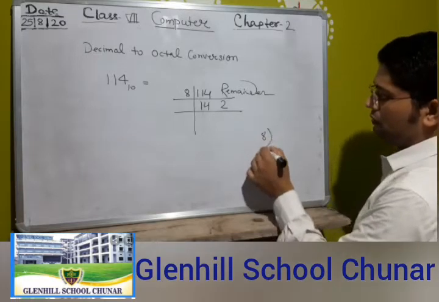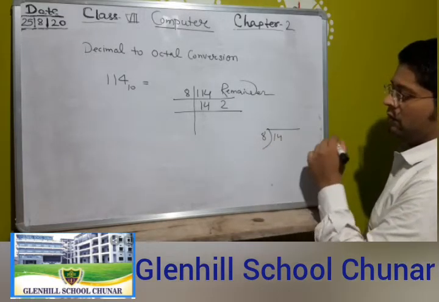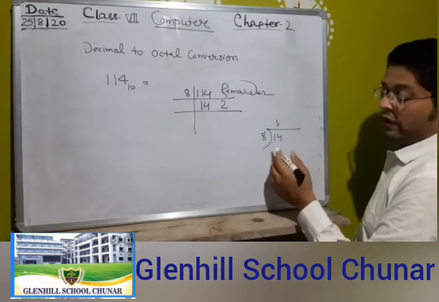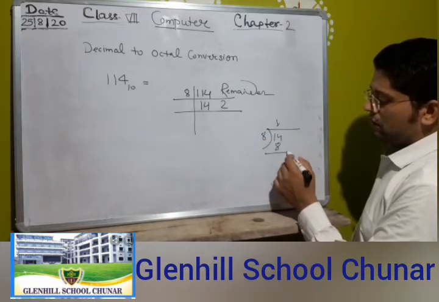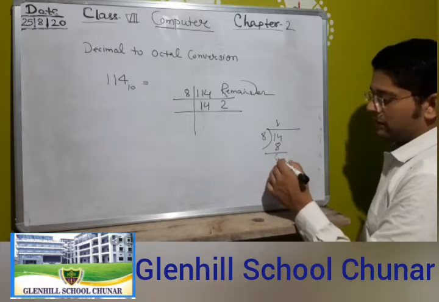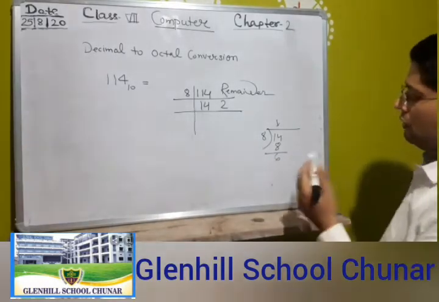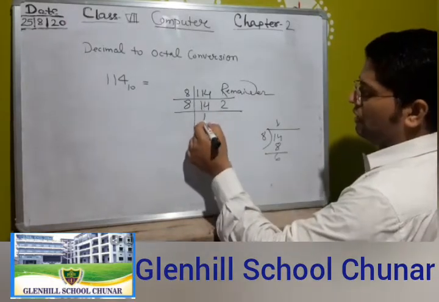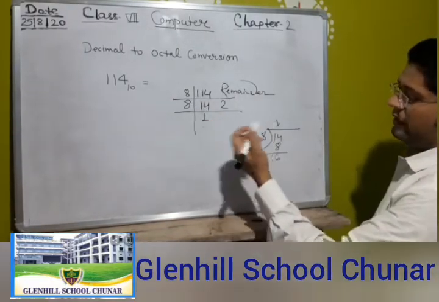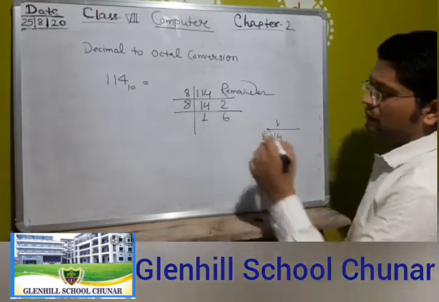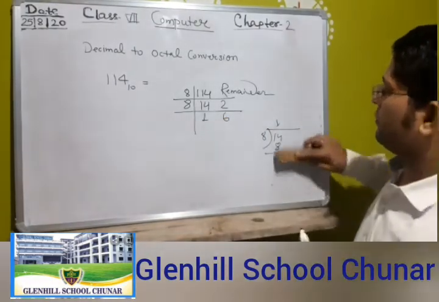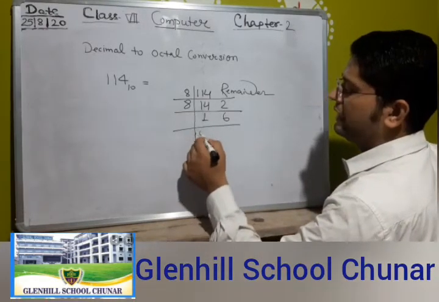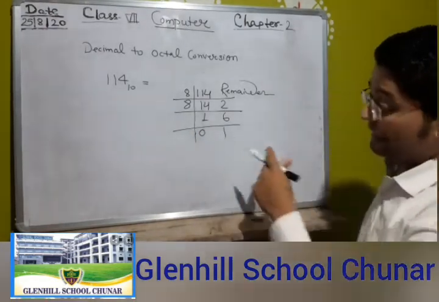Then 8 ones are 8, and the remainder here is 6. Write here 0 and here write the 1.